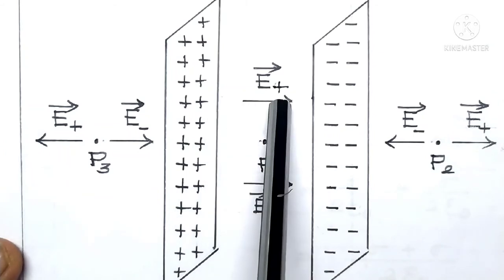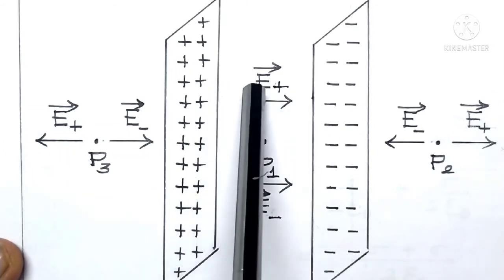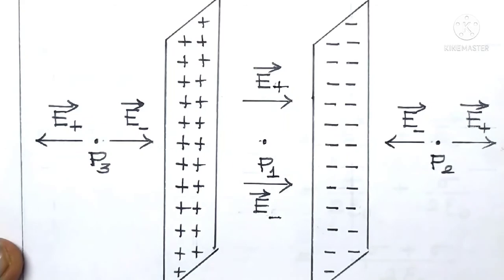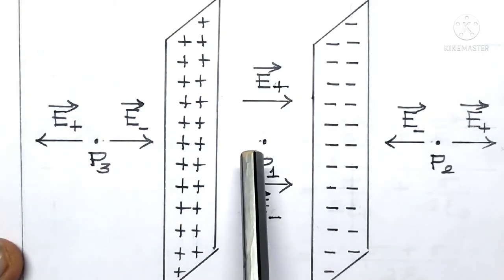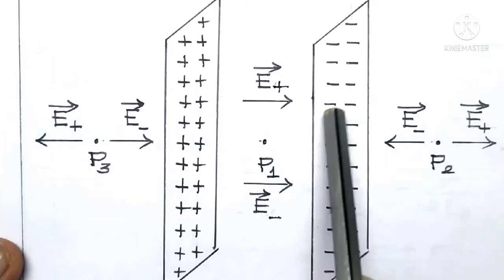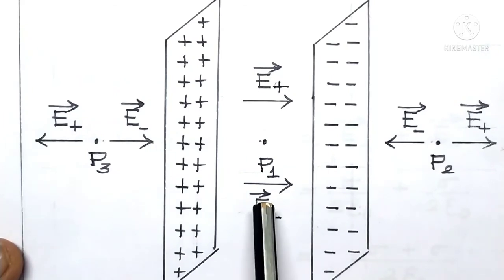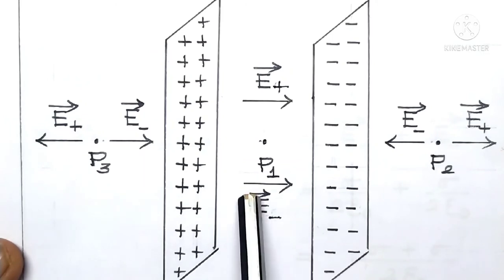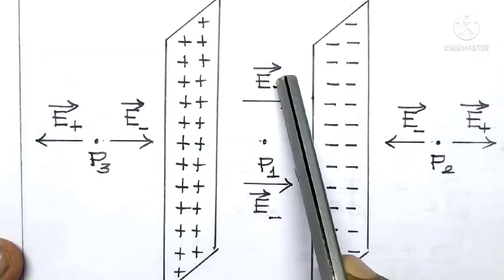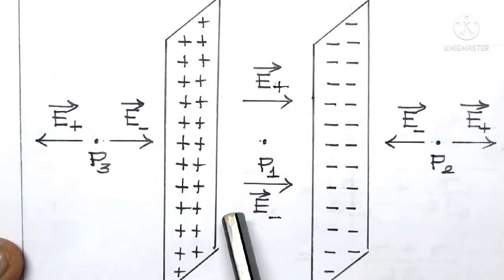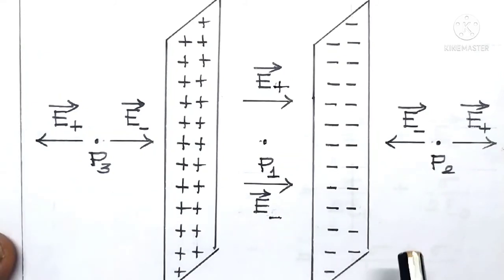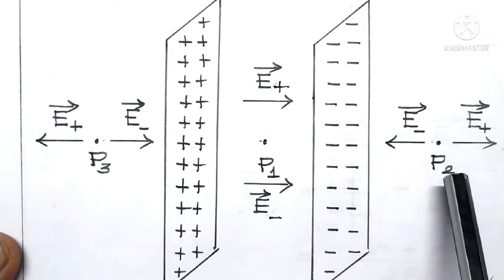Similarly here, this test positive charge is attracted by this negatively charged plate. So in this case, the electric field direction is in this direction, which is written as E minus vector. So in the case of point number 1, both E plus vector and E minus vector are in the same direction.